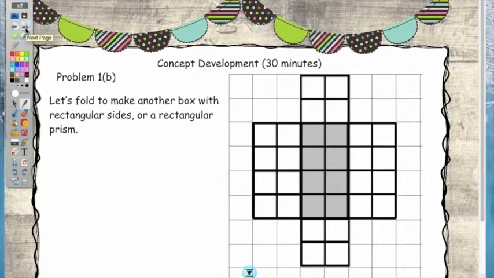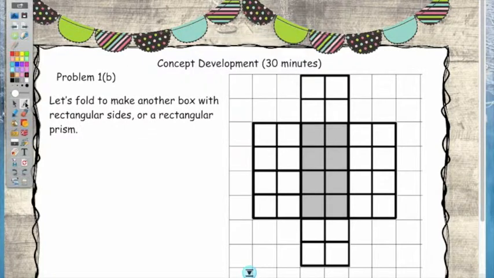So here's the second one we're going to do. Make another box, do it the same way. On your grid paper, go ahead and use the rest of the top if you have enough room on the top to make this one, okay? And make your prediction in your head, then check it with the actual centimeter cubes.